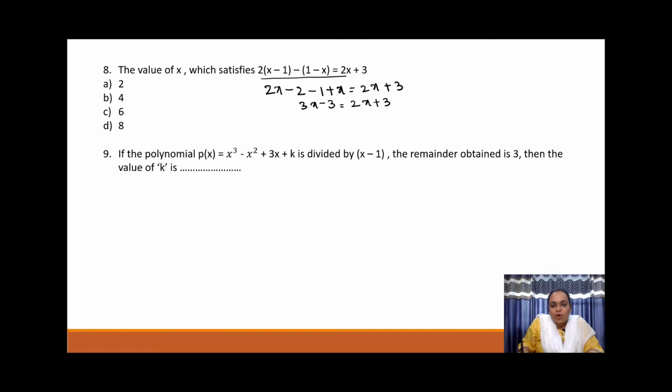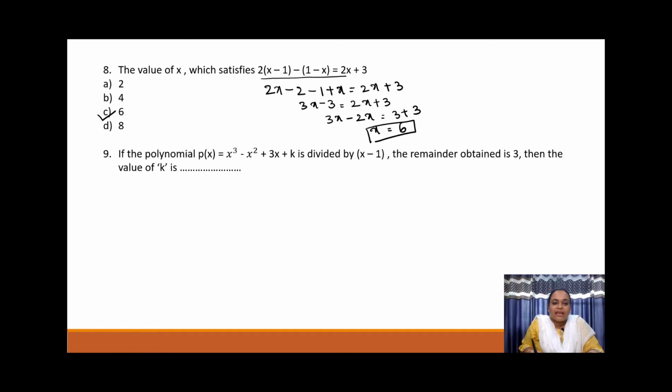Now I will get all the x terms to one side and constant terms to one side. 3x minus 2x is equal to 3 plus 3. So x is equal to 6. So the answer is 6.